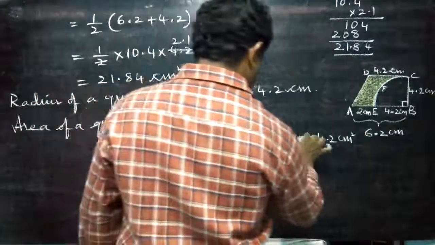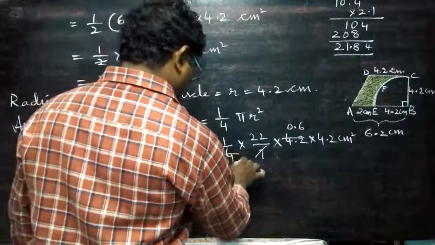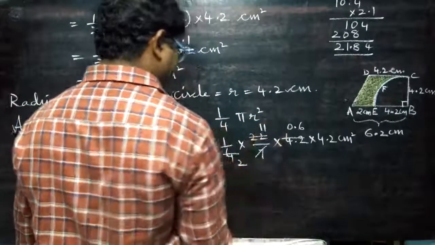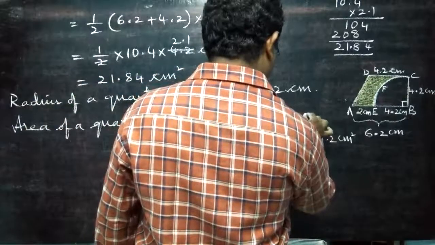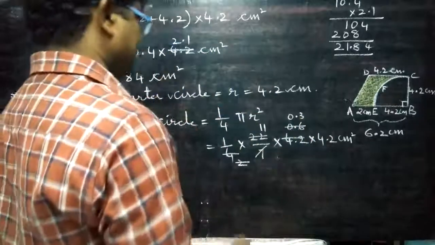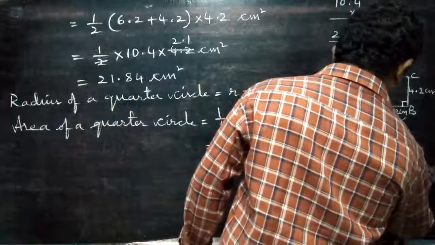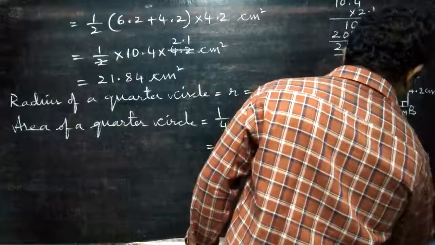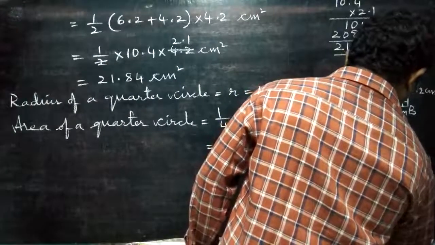7 goes 0.6 times. 2 2s are 2, 11s are. Again this 2 goes here, 0.3 times. Now calculate. 4.2 into 0.3. 2 3s are 6. 4 3s are 12.